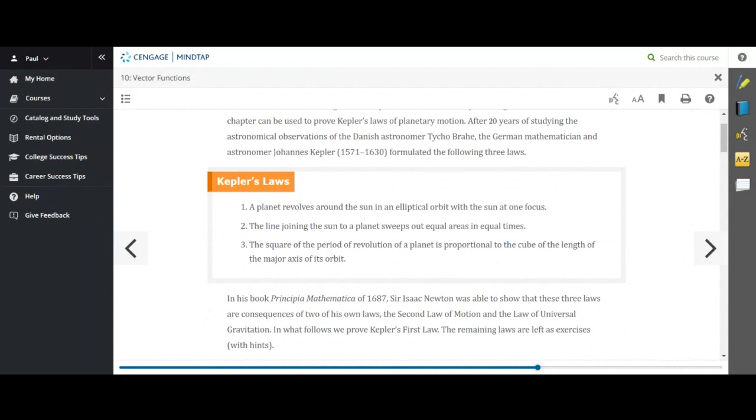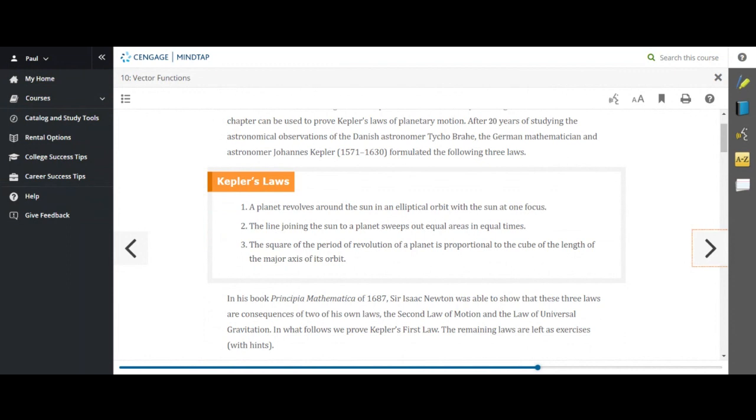Okay, Charles has, and Gordon has a bit. And what they do, Ian says regrettably, is they discuss in the book Kepler's laws of planetary motion in terms of vectors.